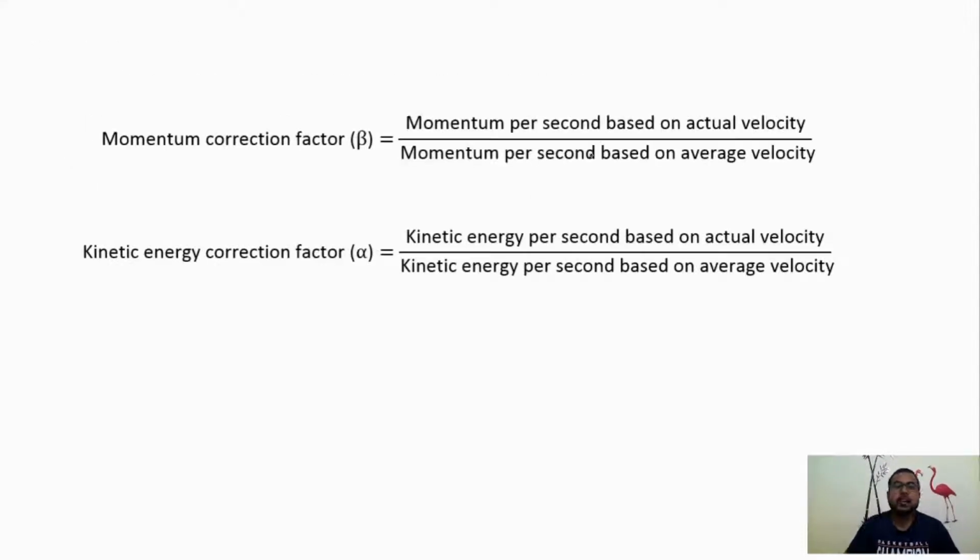This is the definition of these two factors: the momentum correction factor is momentum per second based on actual velocity over momentum per second based on average velocity. Similarly, the kinetic energy correction factor is kinetic energy per second based on actual velocity over kinetic energy per second based on average velocity.